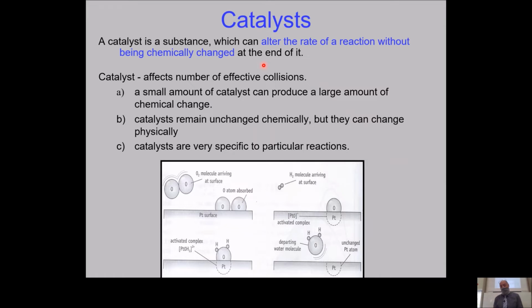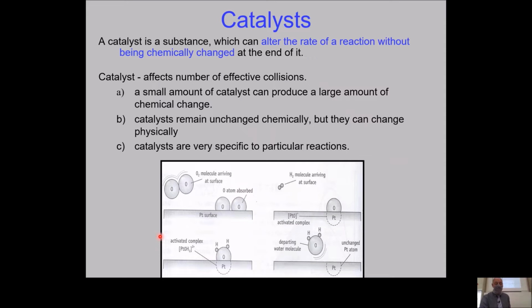This is just an example of one catalyst and how it works. So it's quite difficult to get gases to react. And one of the reasons for that is because gases are very dispersed, and the particles don't collide very often. So a good way to get them to collide is not to force them to collide, but to attract them to a common point.